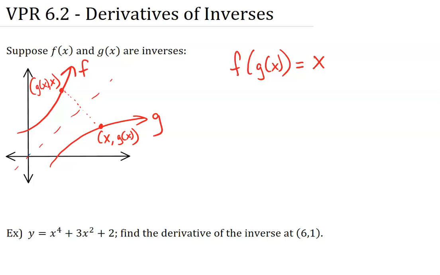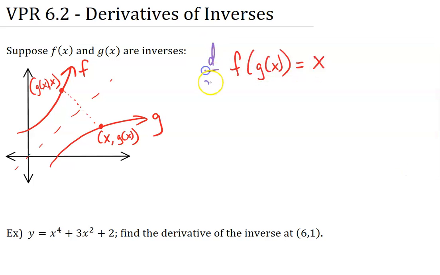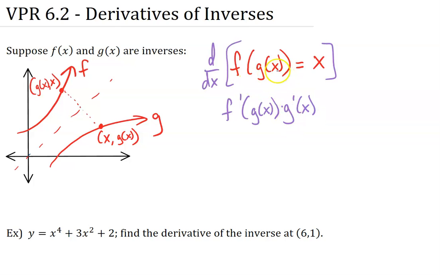So if I want to take the derivative of this function with respect to x, I need to use the chain rule because we have a composition. Applying the chain rule, I have f prime of g of x times g prime of x, and then over on this side, I just have a 1.